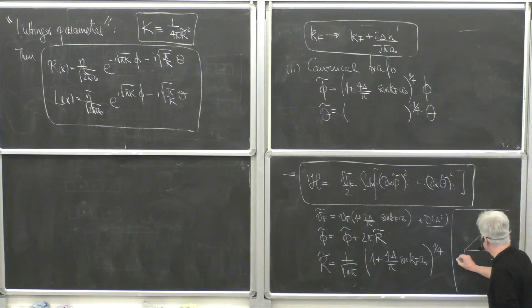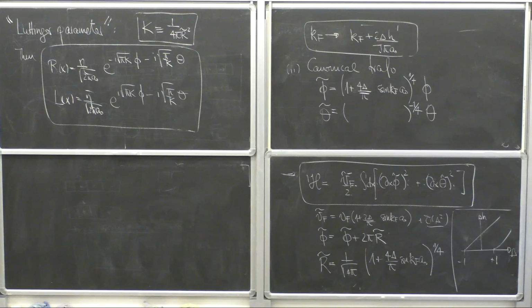I had drawn for you earlier this ground state phase diagram of this XXZ chain, and I had said there's this phase here, which is a Luttinger liquid phase. And the description I have derived for you holds here for small values of the interactions delta, but one can prove it's valid in this entire phase.